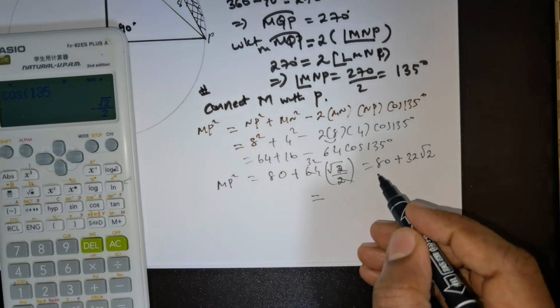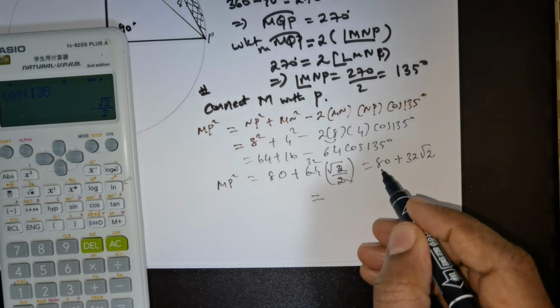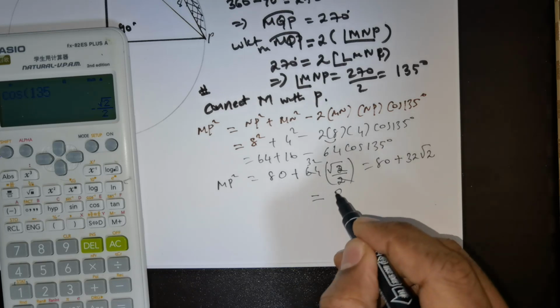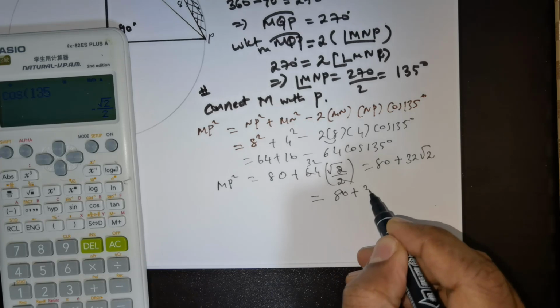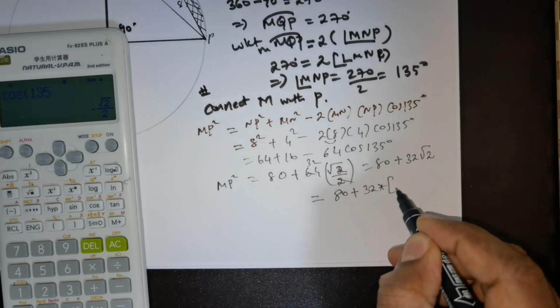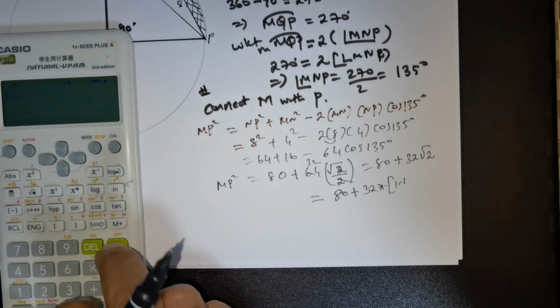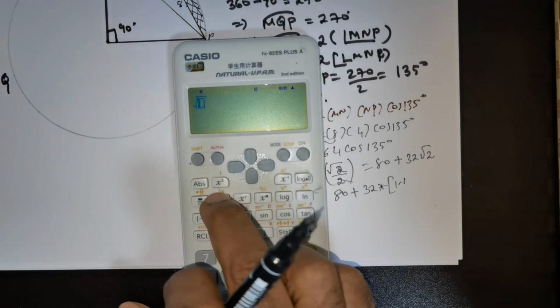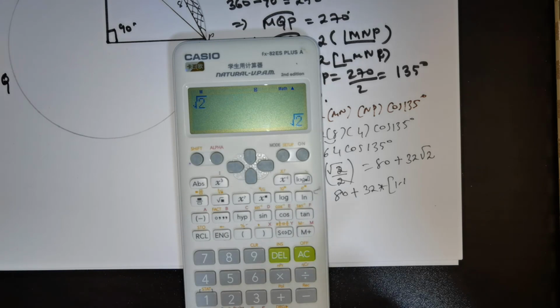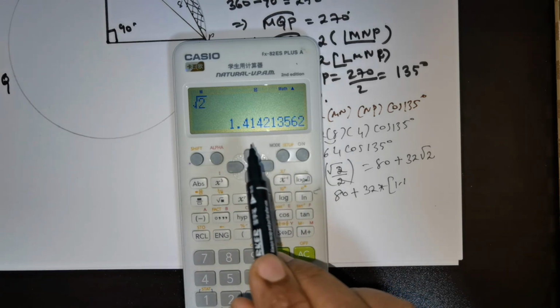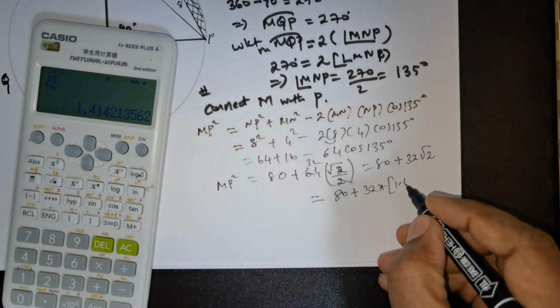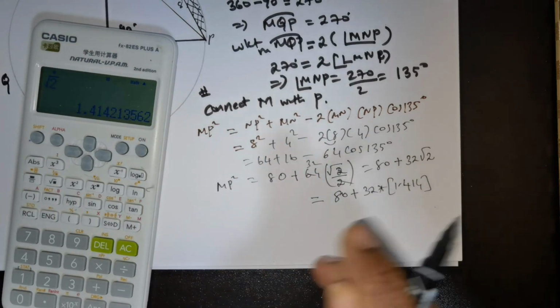So we will have 80 plus 32 root of 2. Root of 2 is 1 point... Let me get the value. Can I take it as 1.414? Okay, I take it as 1.414.